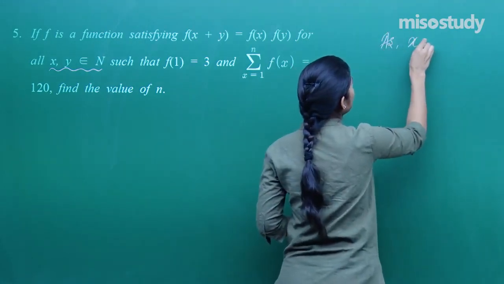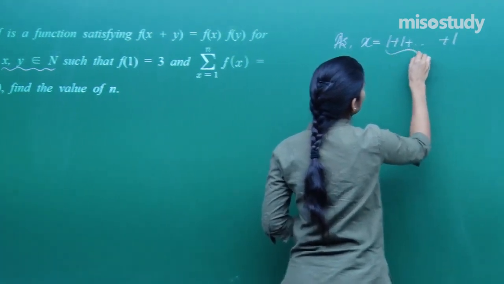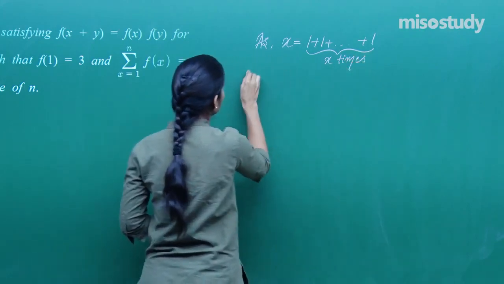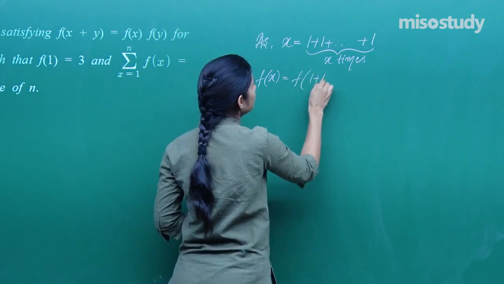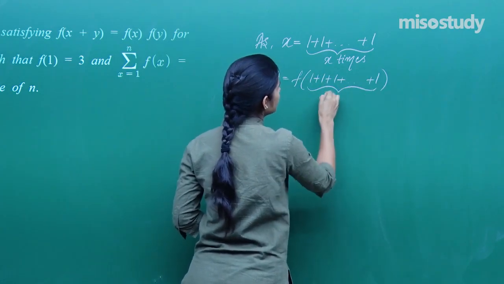So, as x is a natural number, x can be written as 1 plus 1 plus 1, x times. Therefore, f of x is f of 1 plus 1 plus 1, x times.